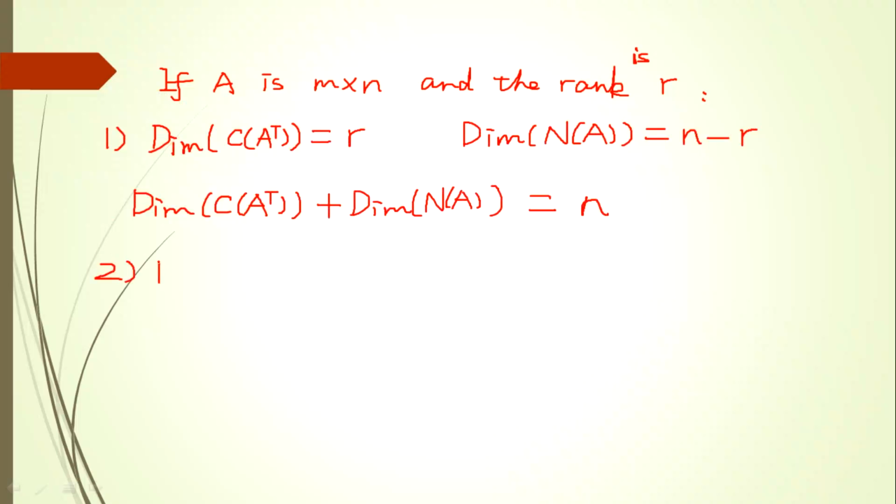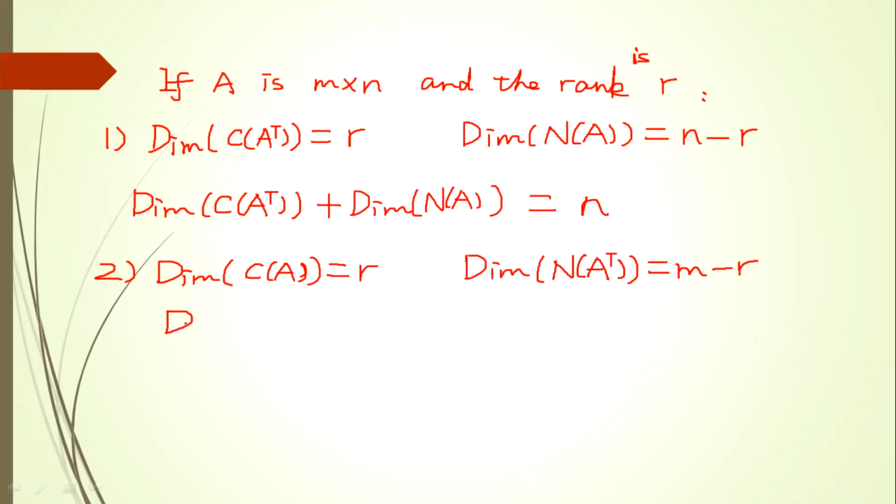And then let's check the dimension of the column space of A, that is r, the rank also. And the dimension of the left null space is m minus r.